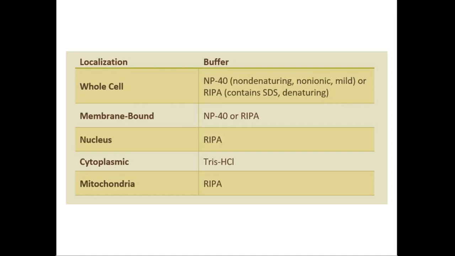It can be Triton X, Tween, SDS, CHAPS. Depending on the location of the protein of interest, a different lysis buffer is needed to obtain a high yield and purity of the analyte, or the protein in our case.